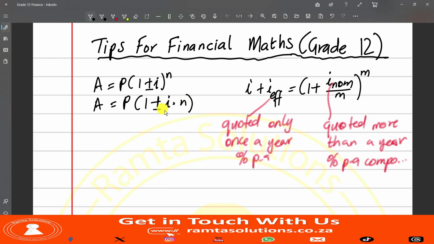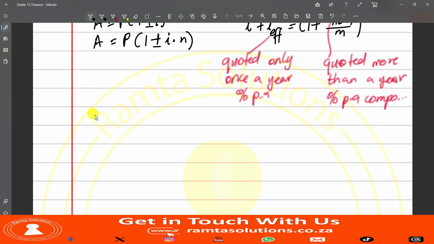If it's a minus, you will see it called simple depreciation, but more commonly, straight line depreciation.